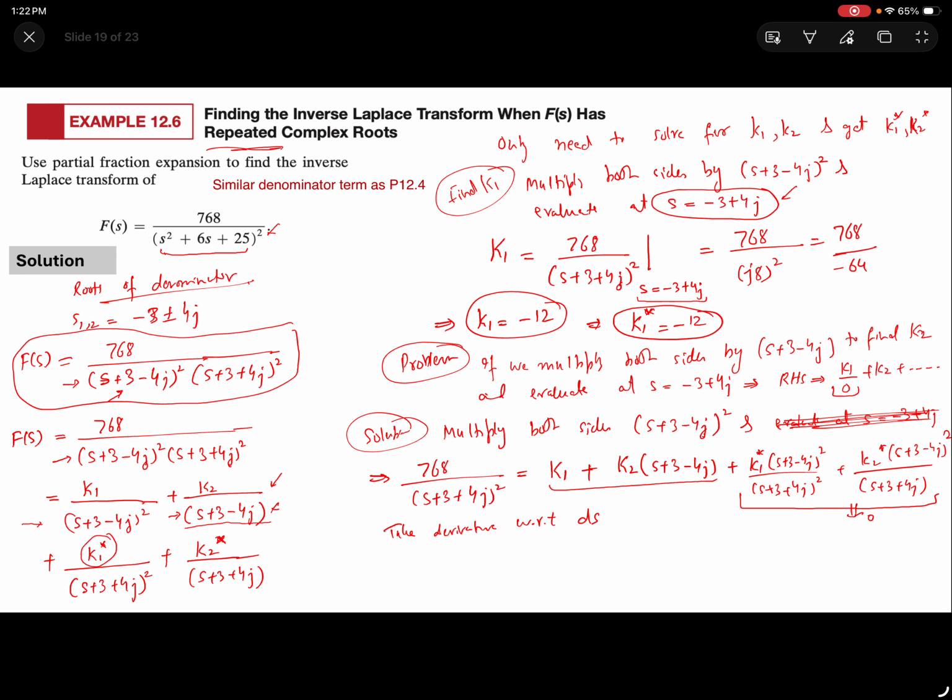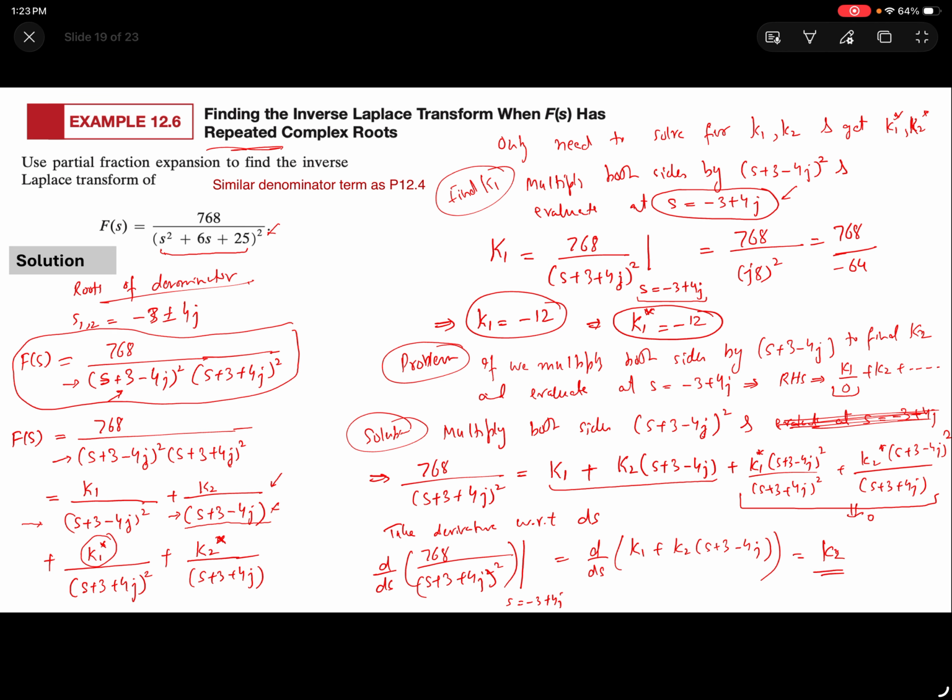So if I take the derivative d over ds of 768 over s plus 3 plus 4j whole square, evaluated at s equals minus 3 plus 4j, on the right hand side, k1 plus k2 times s plus 3 minus 4j, I am going to be left with the derivative of the constant k1, which is 0. The derivative of k2 times minus 4j is going to be 0, and k2 times s is going to be k2. The only term that I'm going to be left with on the right hand side is k2.